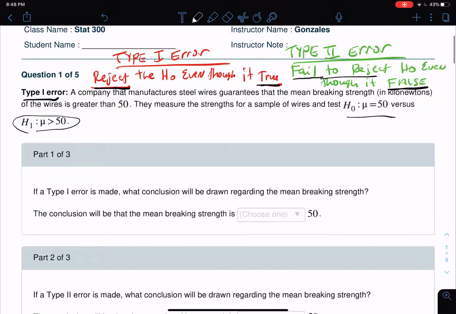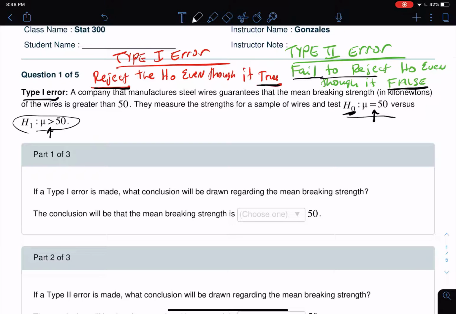All right, that sounds good. And notice you're going to find out the more we do these that the null will always have an equal sign involved, some type of equality, and the alternate will always have something that's not equal, so greater than, less than, even possibly a not equal symbol. That's not appropriate in this problem.